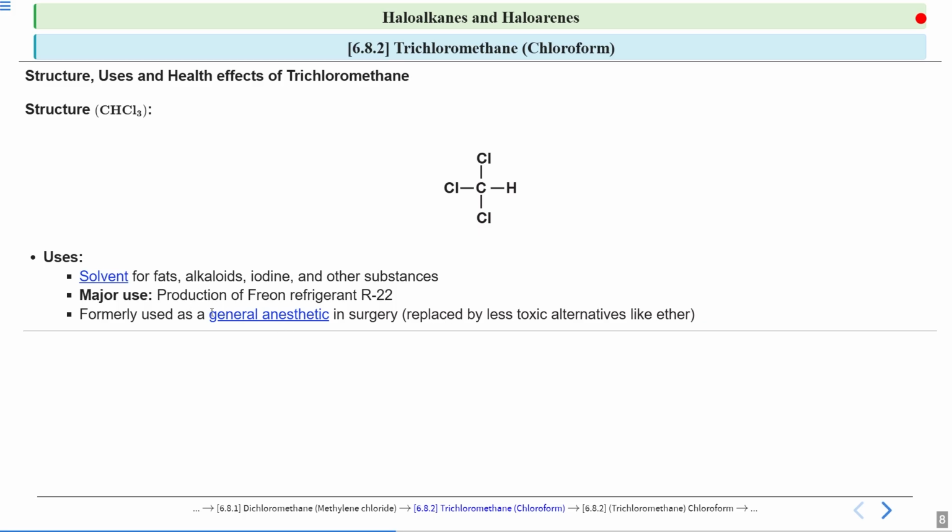You can see its major use in the production of freon, which is very harmful for our environment and our ozone layer. So for a less toxic alternative, we use ether as a replacement for general anesthetic in surgery. So these are the uses of chloroform.